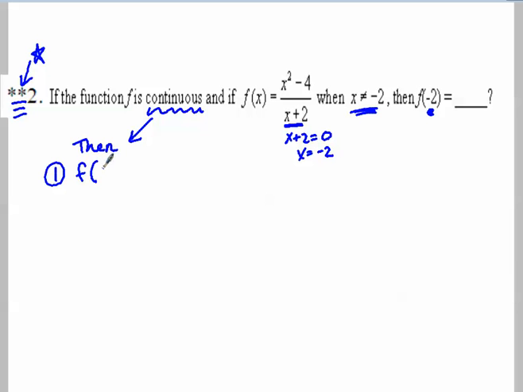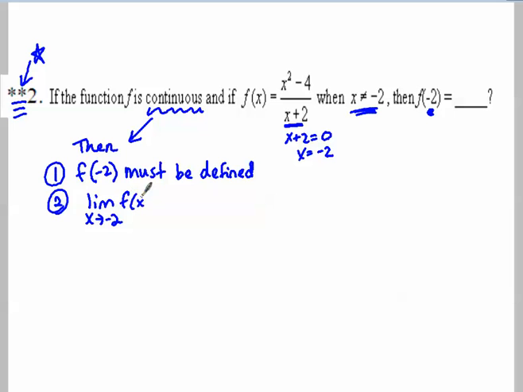So we want the function value at -2 to be defined. So thinking of our definition of continuity, f of -2 must be defined. That has to happen. Second, the limit as x approaches -2 for our function has to exist.